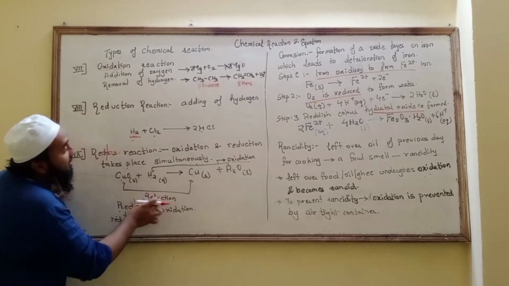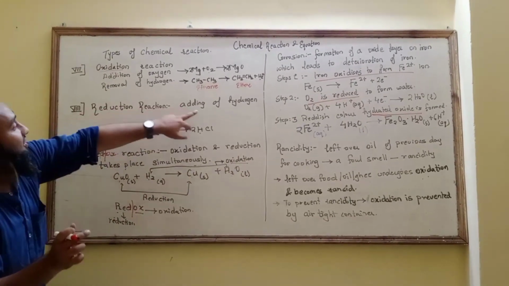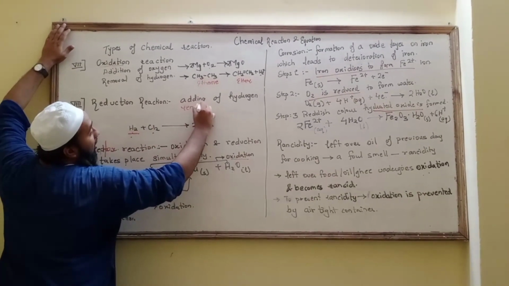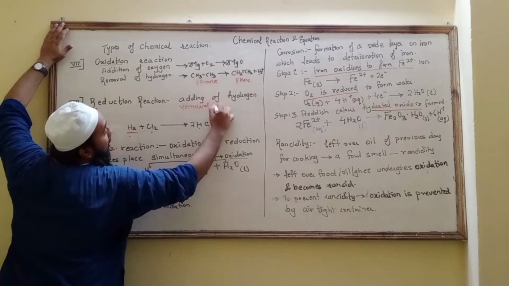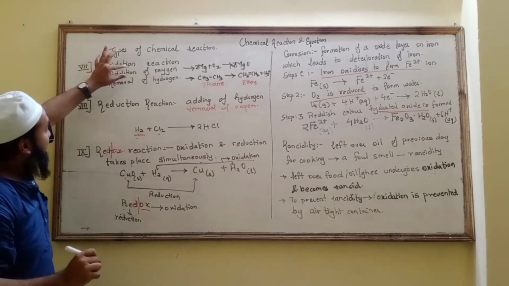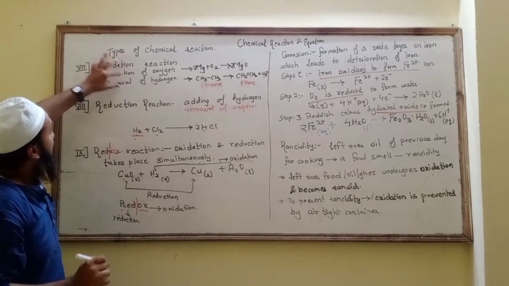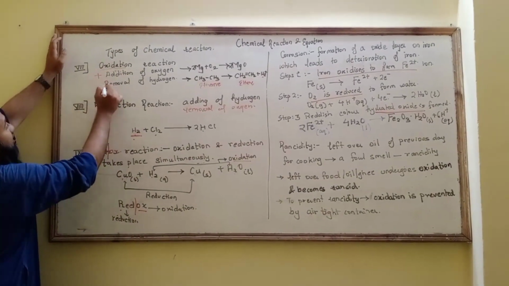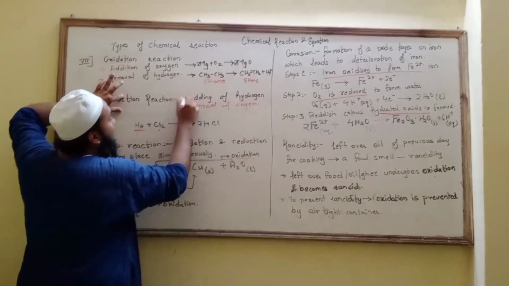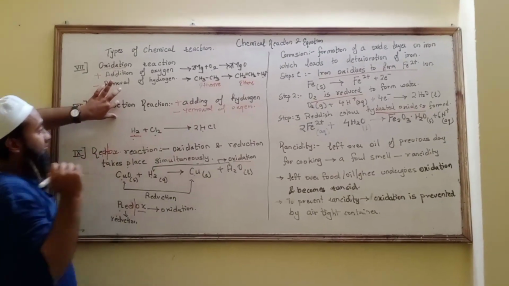So this is reduction. Reduction is addition of hydrogen or removal of oxygen. What is oxidation? Oxidation is addition of oxygen and removal of hydrogen, and reduction is addition of hydrogen and removal of oxygen.